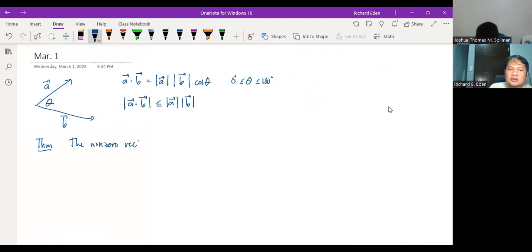The non-zero vectors A and B are orthogonal. Orthogonal is one of those fancy words in mathematics, which is actually synonymous with another term. So I'll mention what that term is. Well, actually, orthogonal means perpendicular.